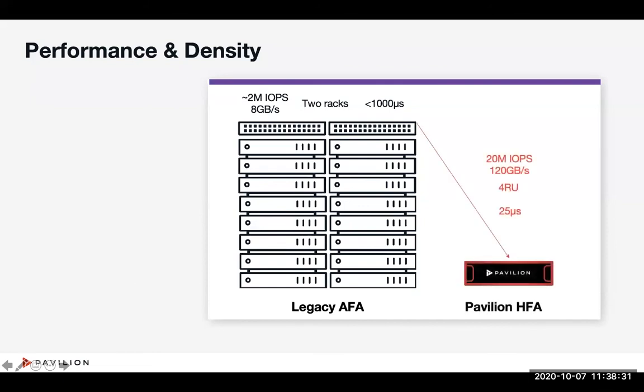We were able to come in and exceed those performance numbers in a single 4-rack unit appliance. The fact that we can consolidate racks of capacity down to 4-rack units and still improve performance, latency, and density is just astounding.